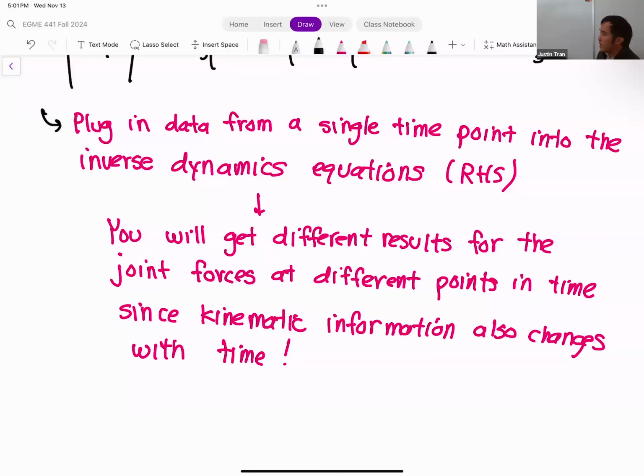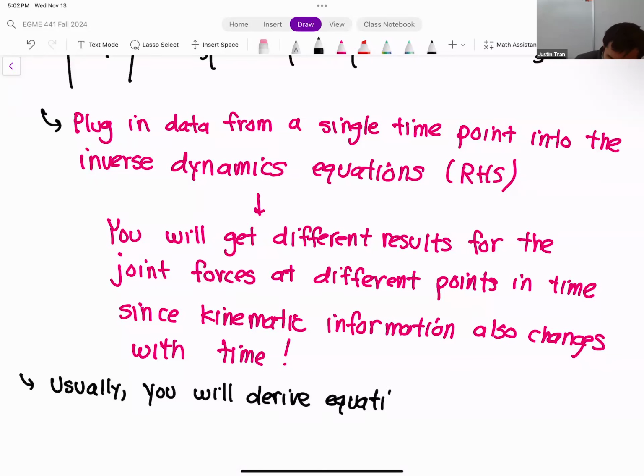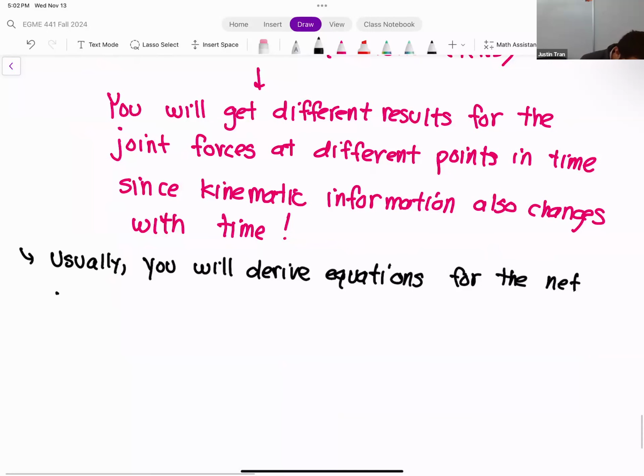So you basically do what we just did with free body diagrams and equations of motion, okay?